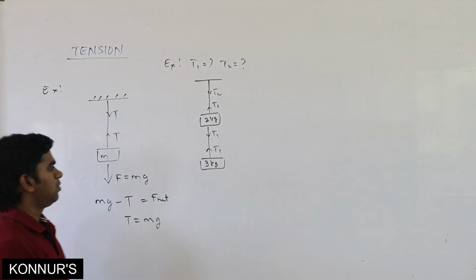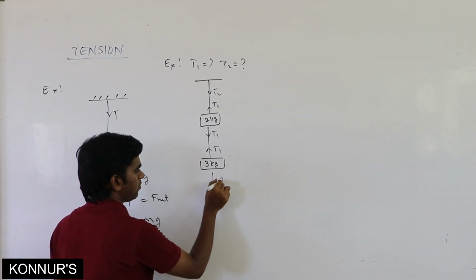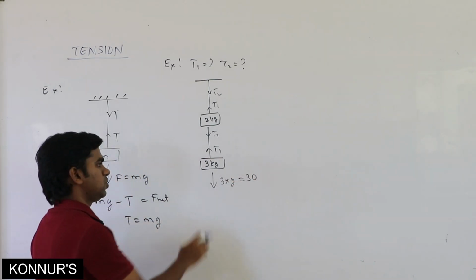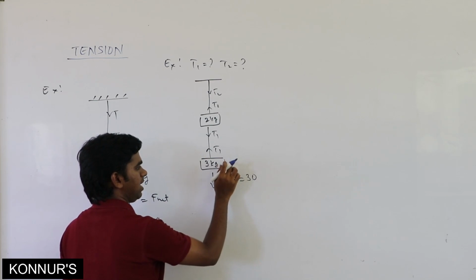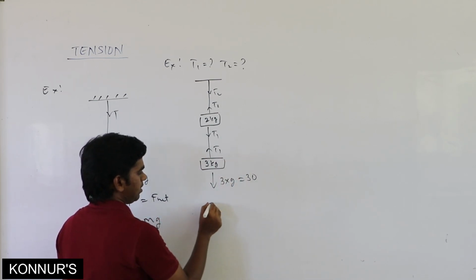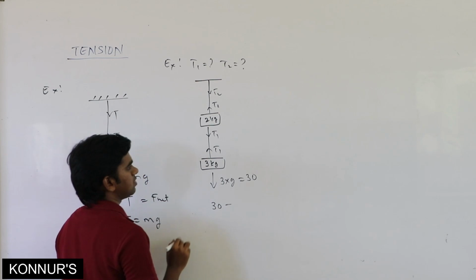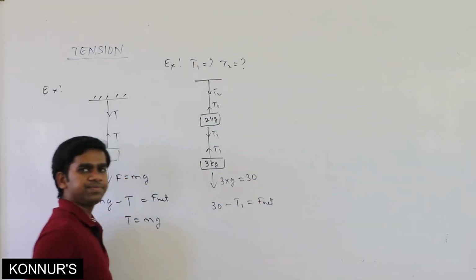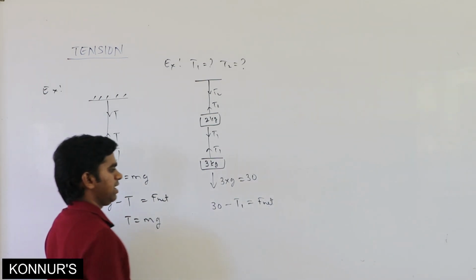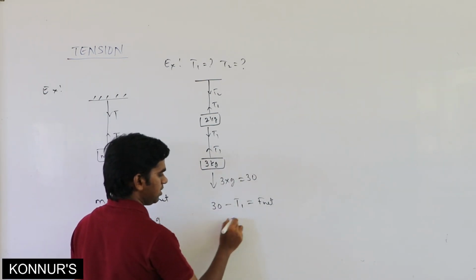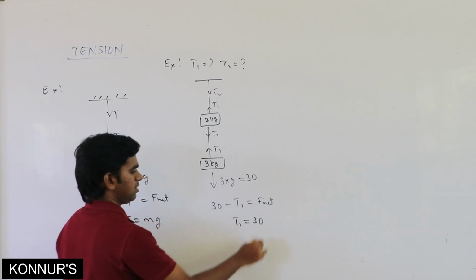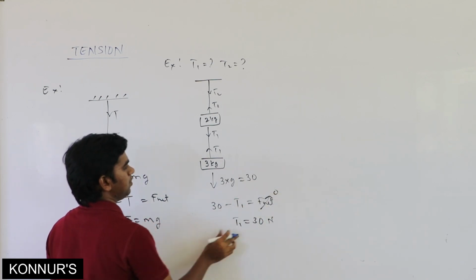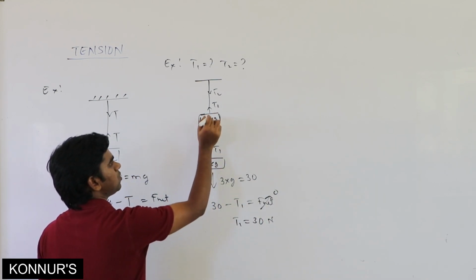What is the downward force here? Downward force is 3 into g. g I will take as 10, so it will become 30. Net force acting on this one is 30 minus T1 equals F net. F net is 0, obviously they are not moving. So T1 equals 30 Newton.